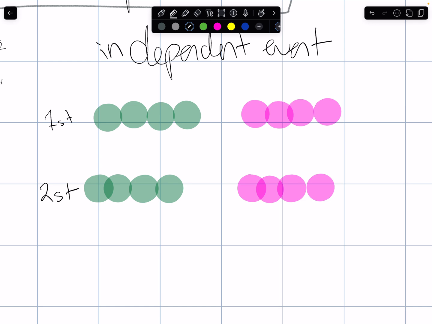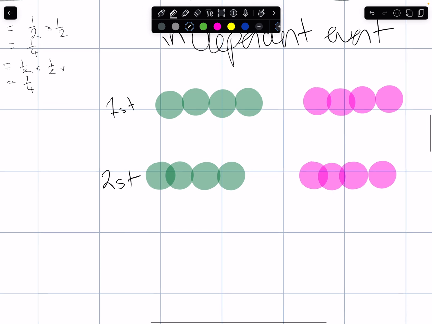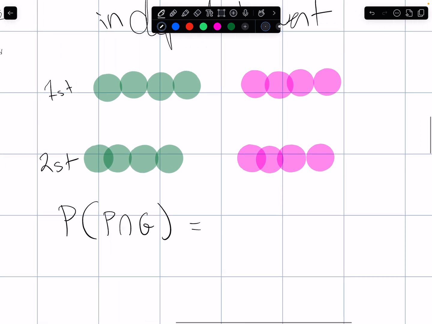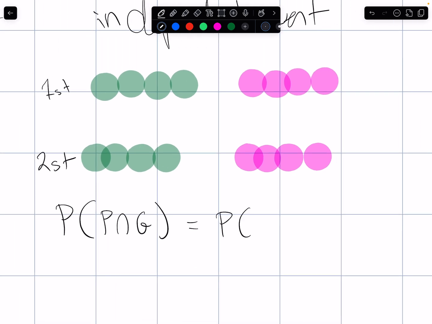And the way that you prove that is you can say probability of getting pink and a green is equal to the probability of getting a pink times the probability of getting a green.